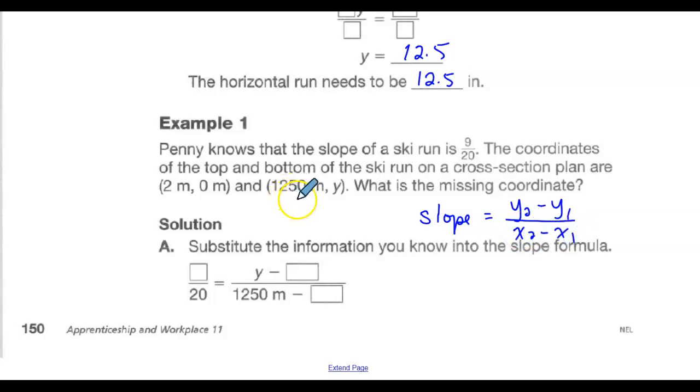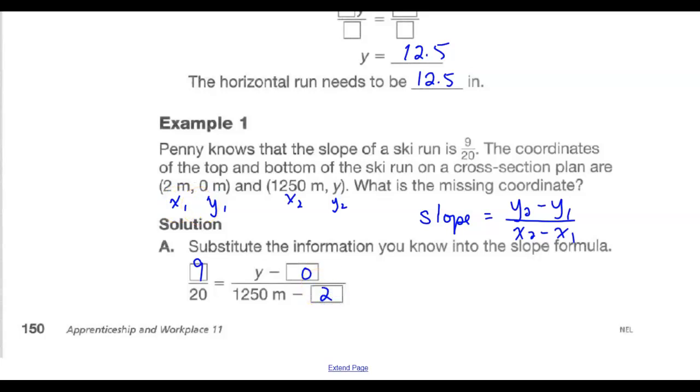Okay, so this is going to be my x2, y2. This will be my x1, y1. So the slope has to be 9 over 20. And so then our y2 is y, our y1 is 0. Our x2 is 1,250, our x1 is 2.